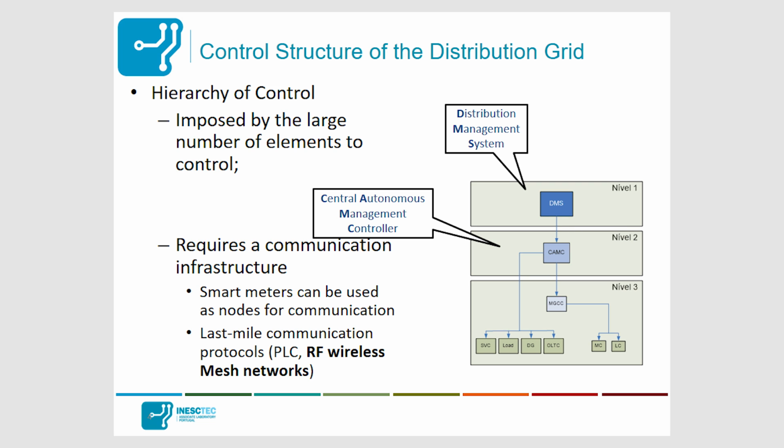So we can assume that we have at the level of the high voltage, medium voltage substation a kind of intermediate control infrastructure that is called controlled autonomous management controller.